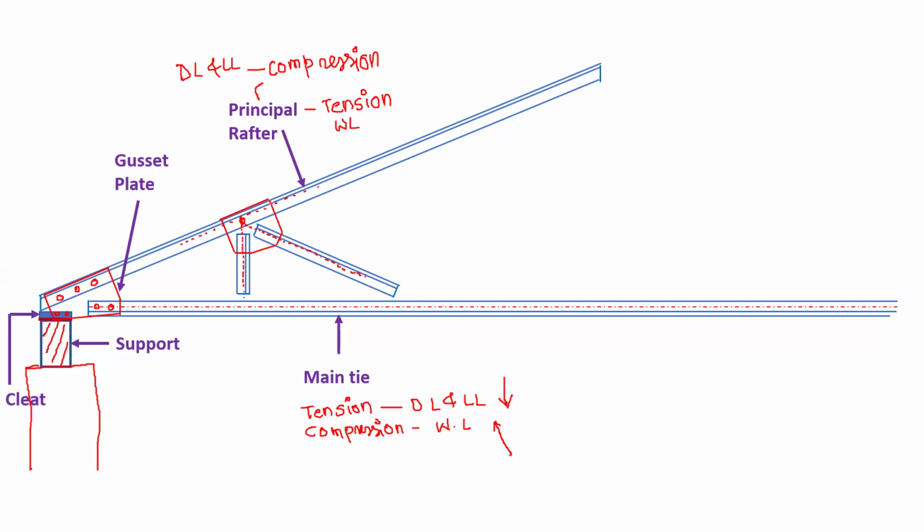Now this gusset plate you can see we are using to connect all the members. Here you can see this is perpendicular to this angle, and this is perpendicular to this angle. Generally, the plate at the angle is perpendicular to the member. Now we have the gusset plate, then we have these members.